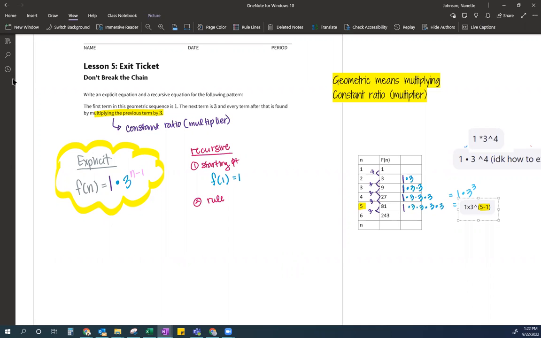Yes, absolutely. So I would like the rule to be written here. So I need you to try. You could either write it out in words for recursive, or you can write it in our function notation. Either way.